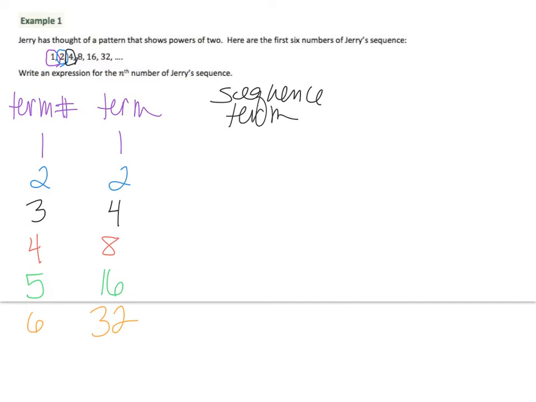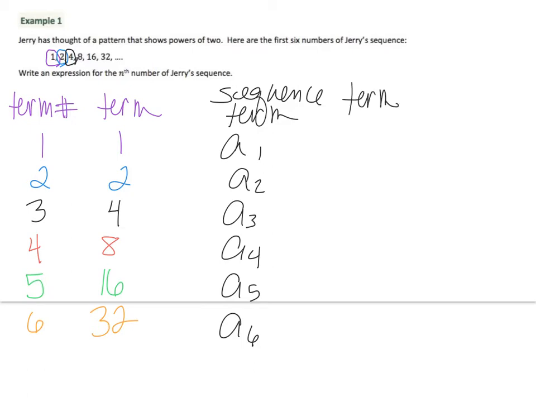We can also label sequences as A1, A2, A sub 3, A sub 4, A sub 5, and A sub 6. And then our term is 1, 2, 4, 8, 16, and 32.